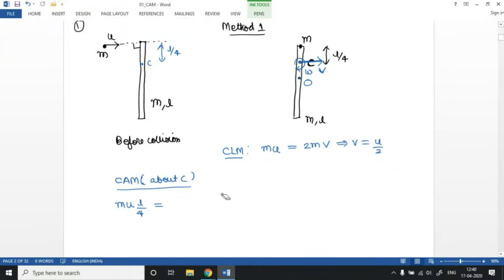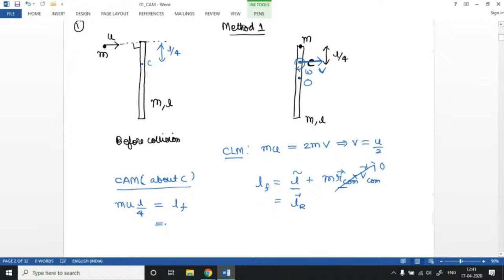The final L_f is going to be L tilde plus M r_COM cross v_COM. Here r_COM is equal to 0, so this term is going to be 0. So we are only interested in L tilde, which is the rotational angular momentum, simply equal to I times omega.